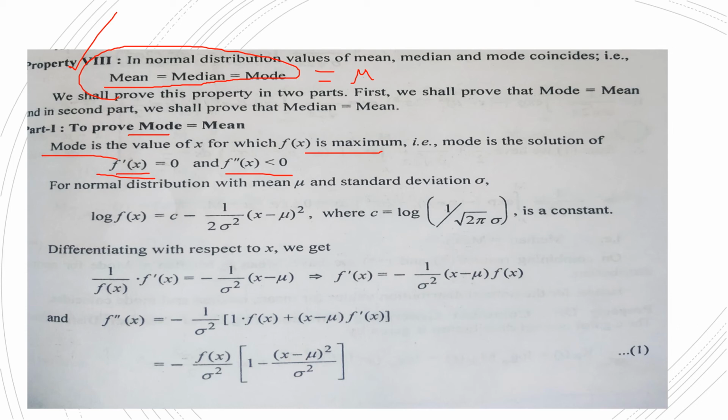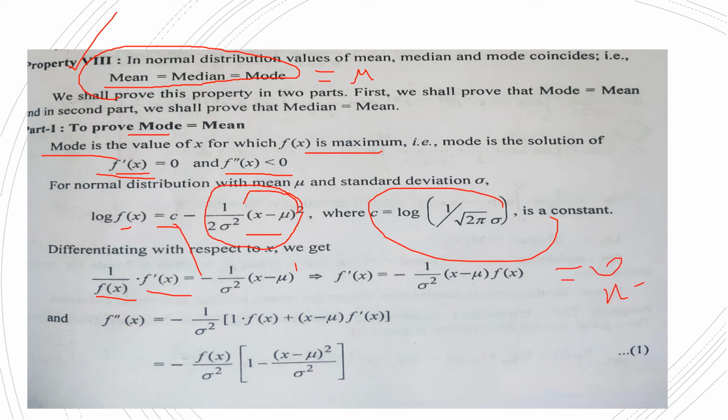Since the function is e raised to power minus 1 by 2 sigma square into (x minus nu) square, the power will come forward, and the rest is treated as a constant c. When you differentiate log f(x), the derivative is 1 over f(x) times f dash x, and the constant term's derivative is 0. Differentiating, the 2 power comes outside and the power reduces by one. On putting it equal to 0, we get x is equal to nu as the answer.